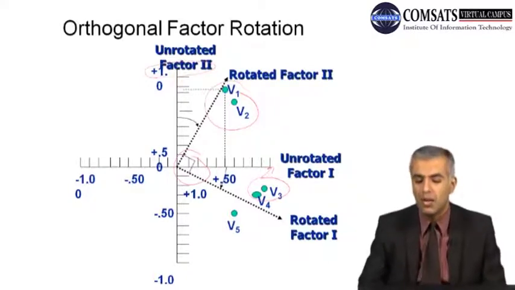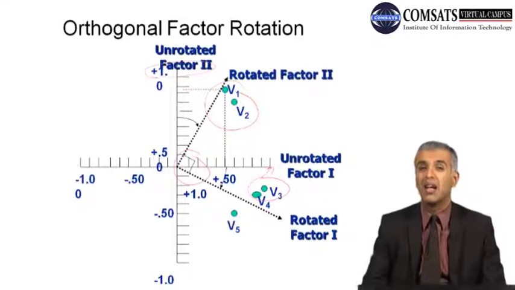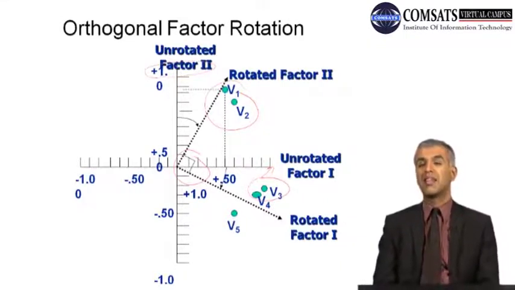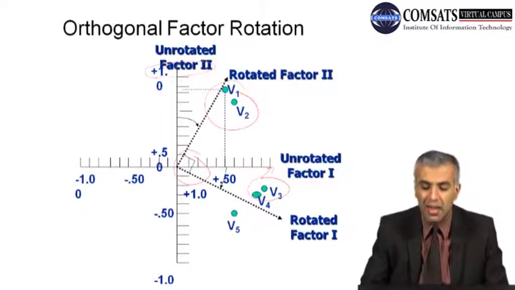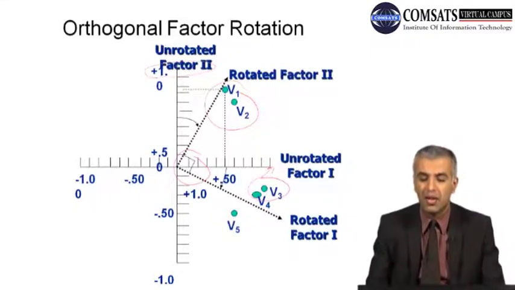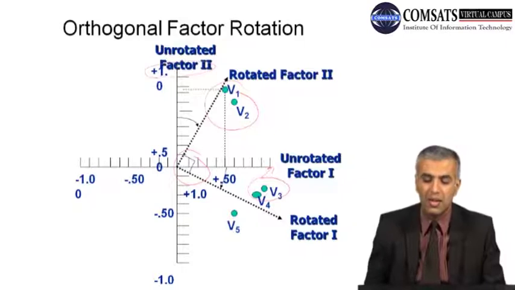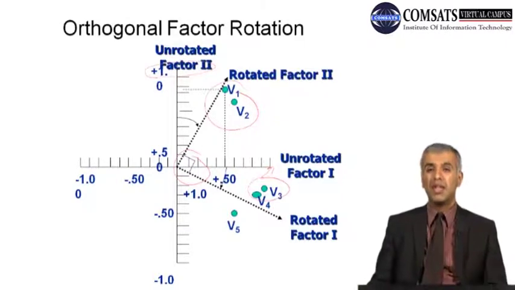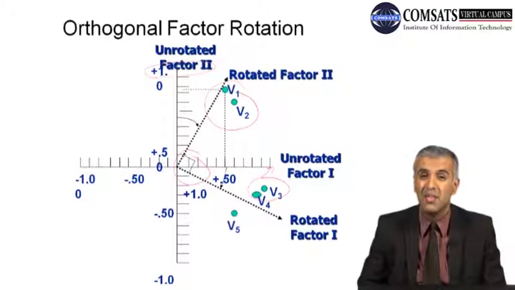Now here, these two variables are unable to give us a clear picture of which variable is exactly closer to the unrotated factor 2 axis. So in order to solve this issue, the relevant axes have been rotated to facilitate easy interpretation of the variables which result from this analysis.